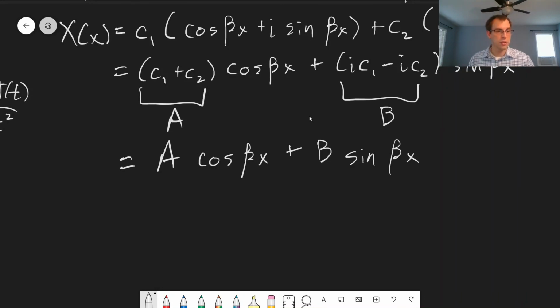And so our solution to the classical wave equation for the x part is a combination of a sine and a cosine. In the next video, we'll look at how we go from this to a final solution using the boundary conditions.